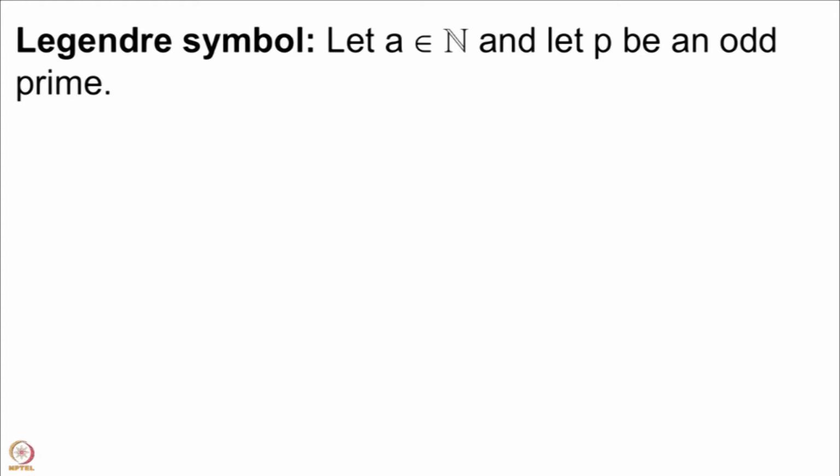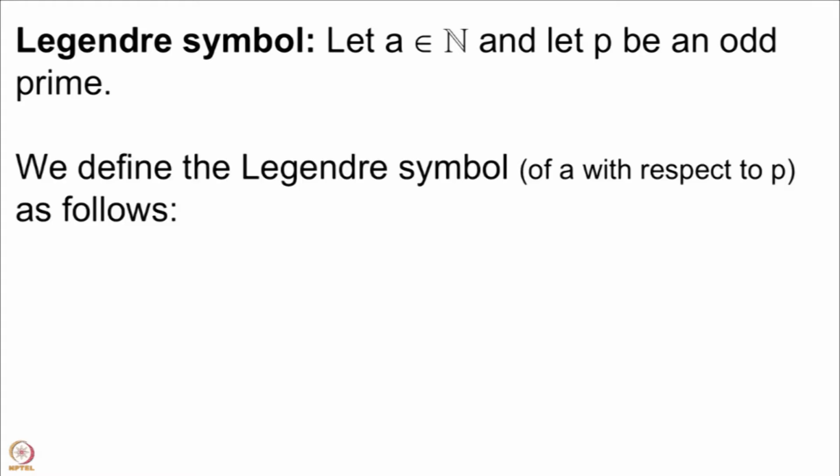We are starting with any odd prime P, then we define the Legendre symbol of A with respect to P. So, given any odd prime we are going to define the Legendre symbol for any natural number A, and the formula is a complicated formula.